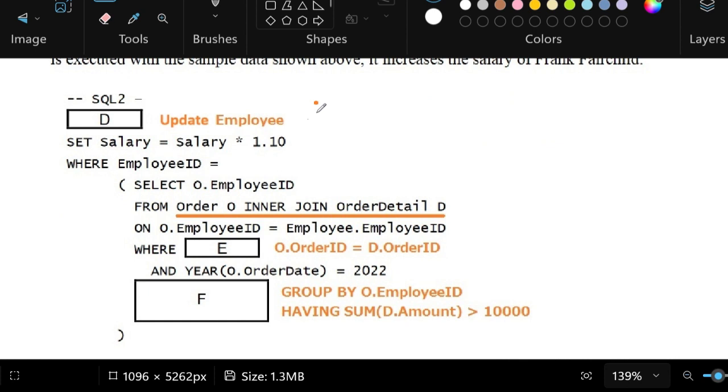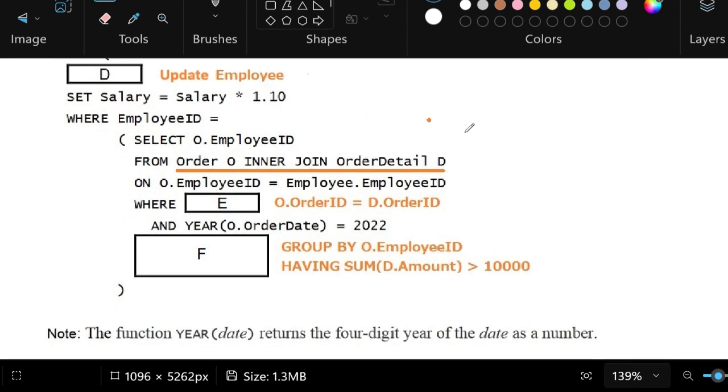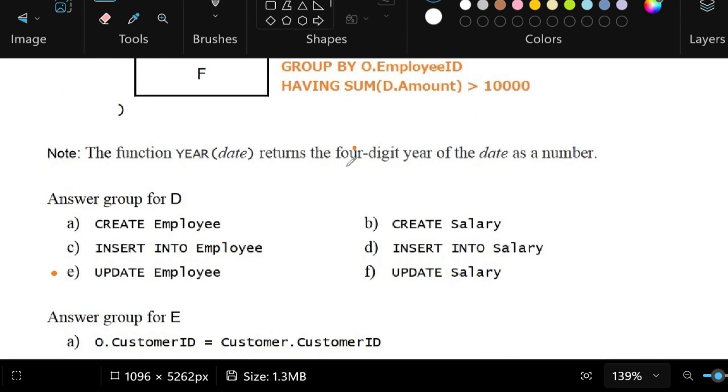Here I put the answers, but we need to of course understand why they are the correct answers. The first one is asking us whether to do an update to the employee or something else. If we look at the choices for letter D, we have create employee, insert into employee, update employee.